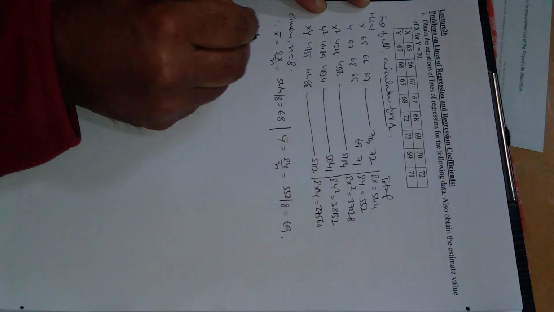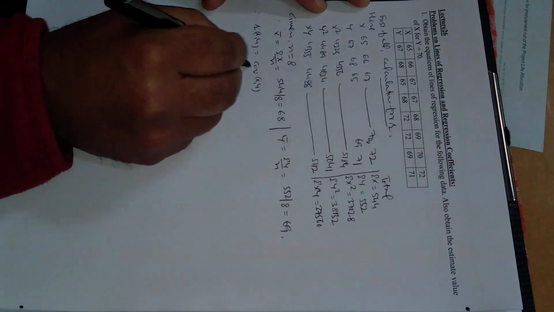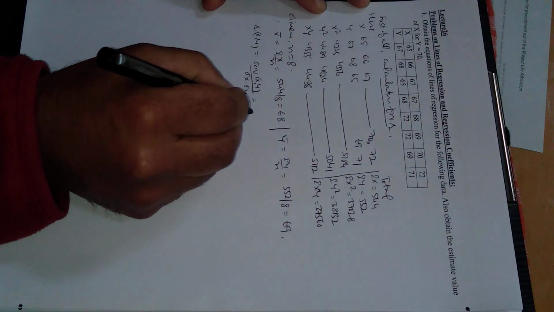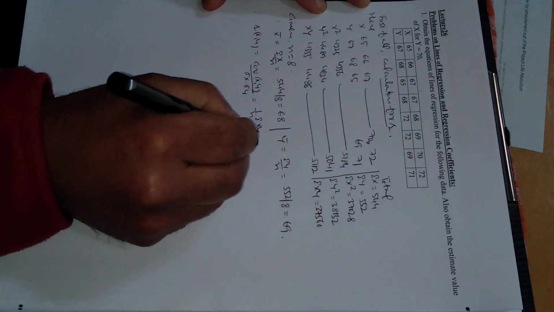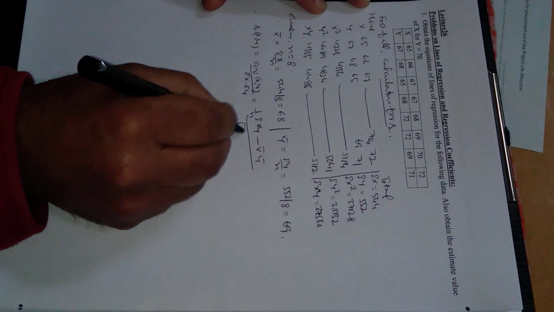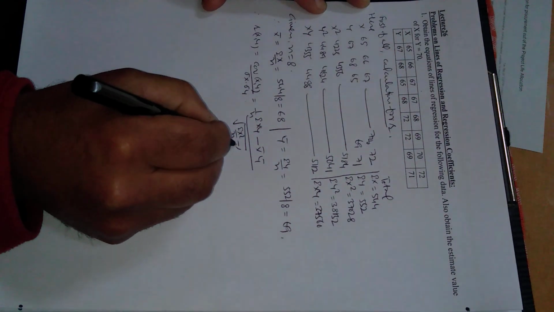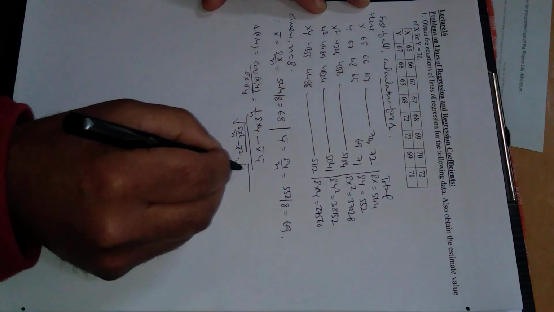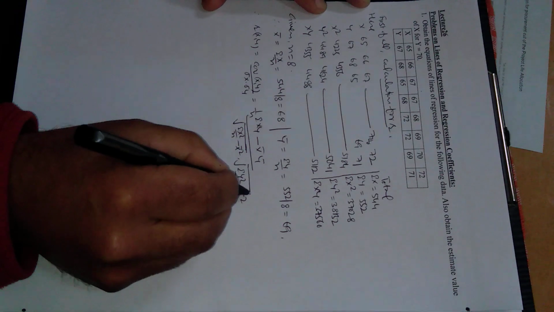Therefore r, the correlation coefficient, will be the covariance between x and y divided by the standard deviations with respect to x and with respect to y. Its value is 1 upon n summation xy minus x bar y bar, divided by sigma x, the standard deviation with respect to x, which is the square root of summation x square upon n minus x bar square. Similarly, sigma y, the standard deviation with respect to y, is the square root of summation y square upon n minus y bar square.